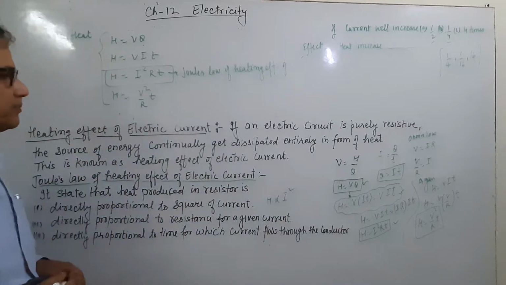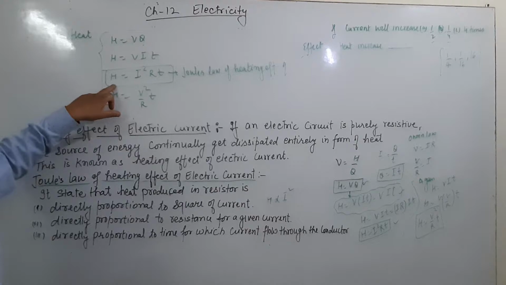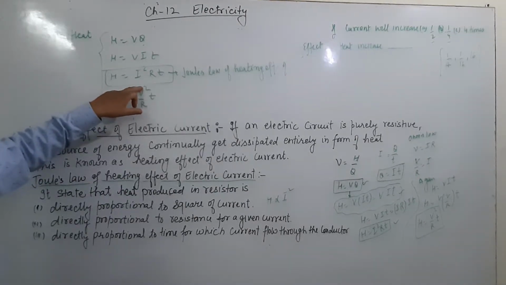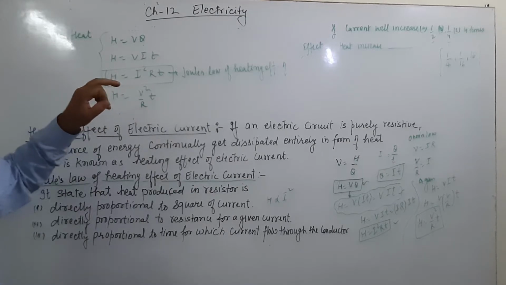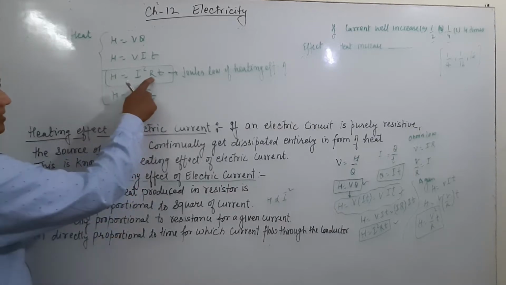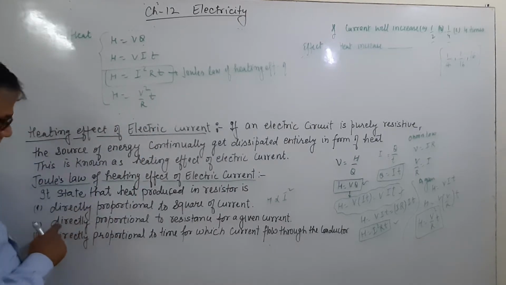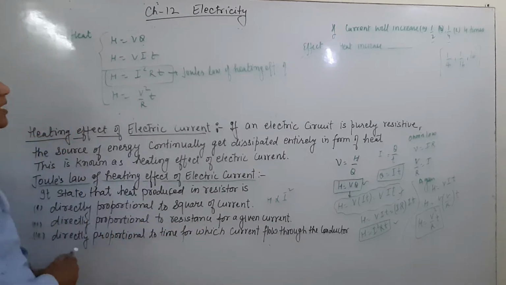Now, the first point is that heat is directly proportional to the square of the current. If the current increases, the heat will increase as the square of the current. And second, heat is directly proportional to resistance. Listen carefully: heat is directly proportional to the resistance for a given current.